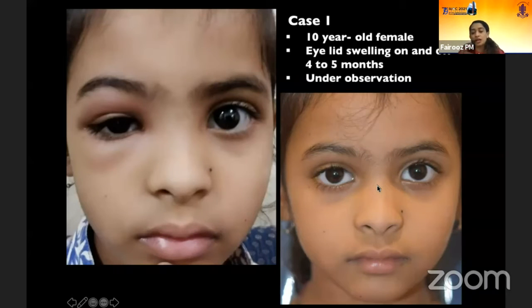Because of this kind of presentation, with a little bit of swelling when she presented to our clinical service, we thought of keeping her under observation and then, in the next episode, evaluating her radiologically. And then a CT scan was advised.